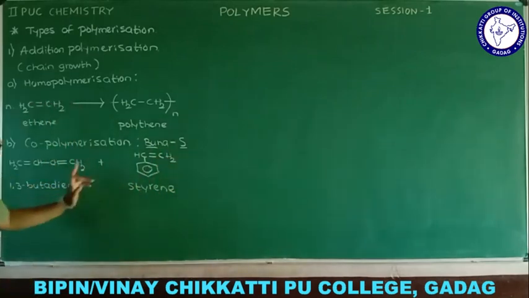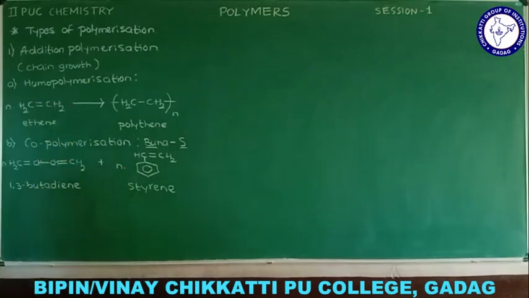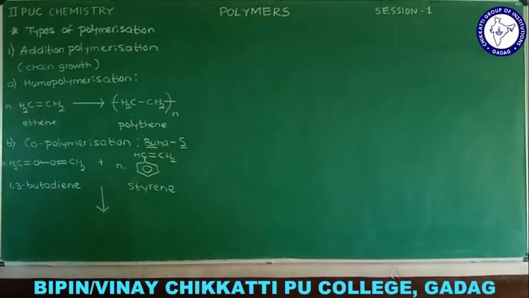Since we have two different kinds of monomer, Buna-S belongs to the kind we call copolymers. This is a monomer, we should write n large amount of that, and this is one more monomer, we should write n large amount of that, and this is an addition polymer. So we are going to add that, and how we are going to add that, now just see.